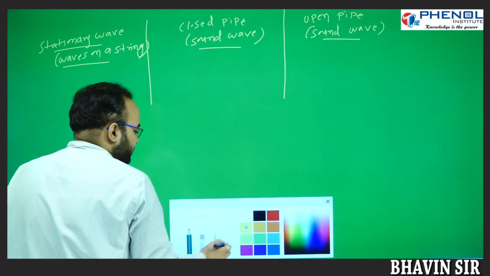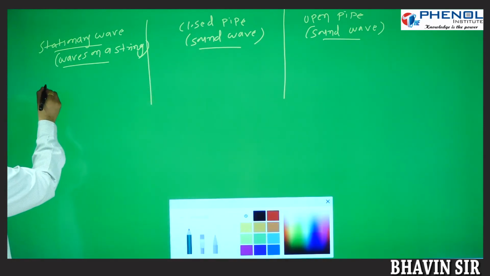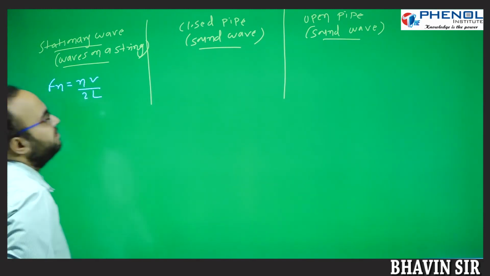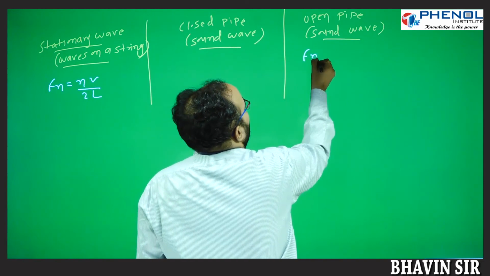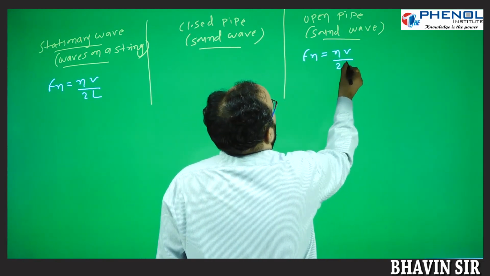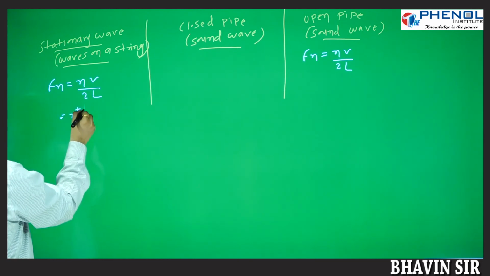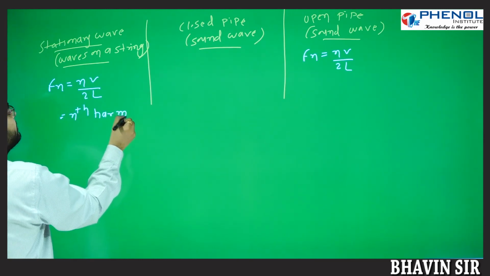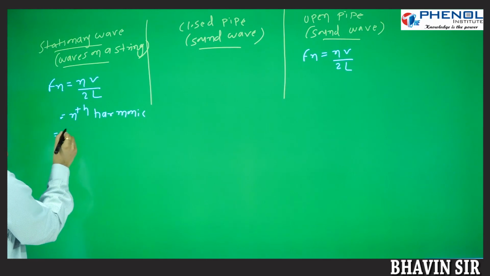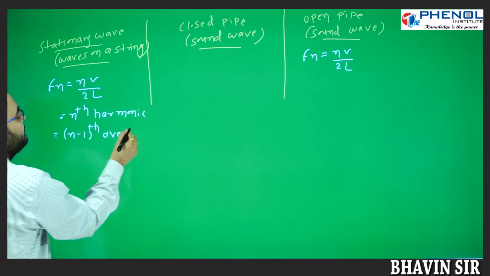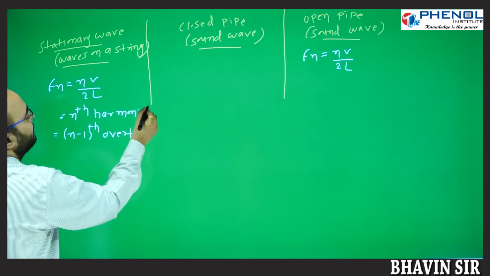Chalo, so first students see here what is the formula. First we write NV by 2L, nth harmonic, n minus 1 overtone.